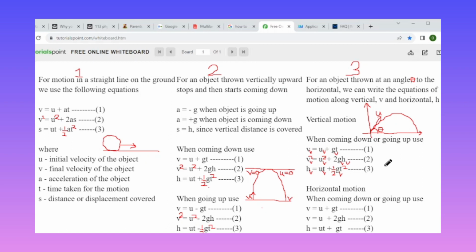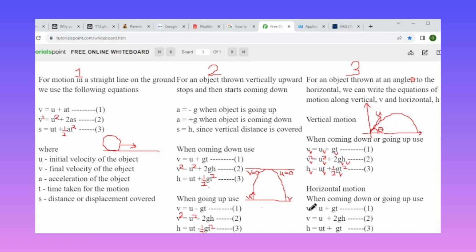But when we have to calculate anything that has to do with the horizontal motion of the object, in this case it will be horizontal.